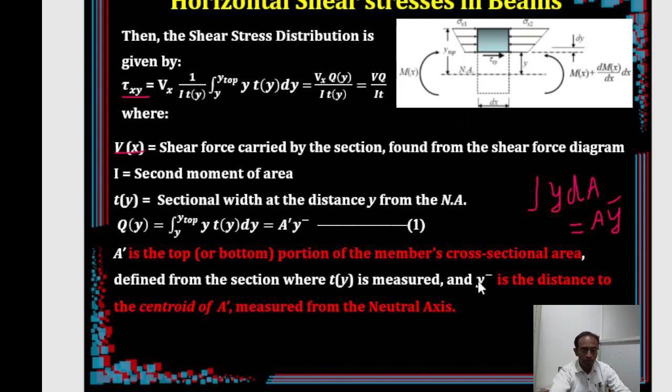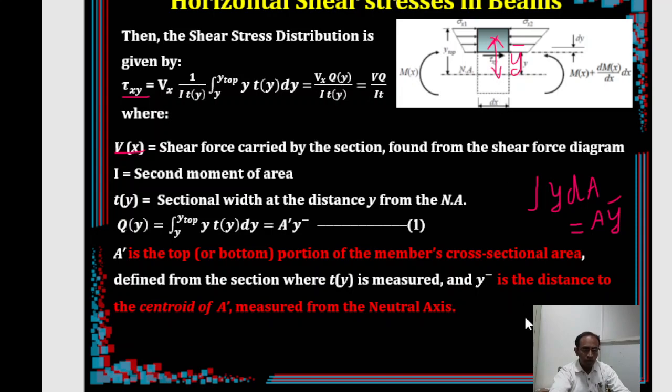And y bar is the centroidal distance of that particular area, measured from the neutral axis. That becomes your y bar or y dash. So A dash is the area from wherever you have taken the section to the top, and y bar is the distance of the centroid of the chosen area from the neutral axis.